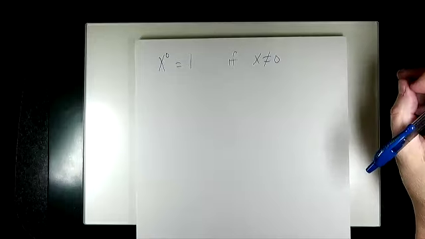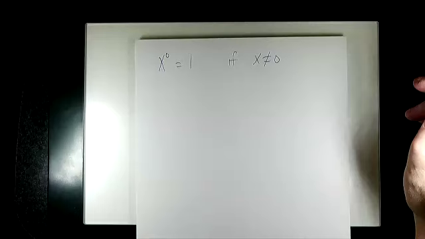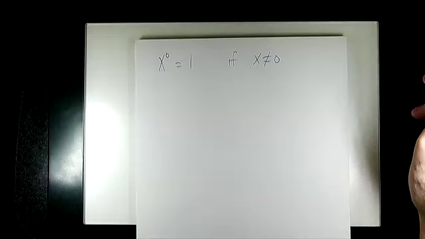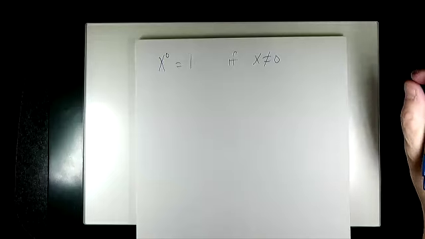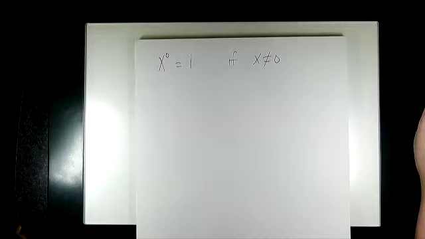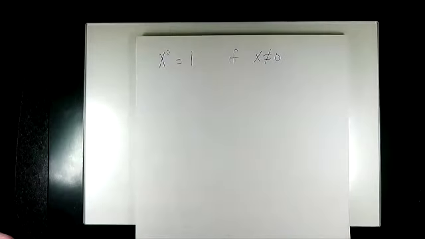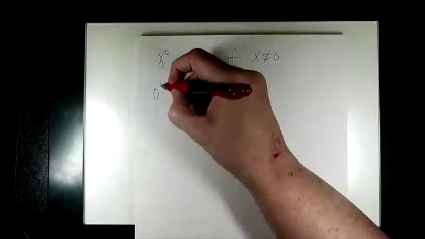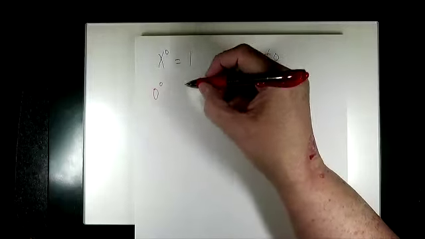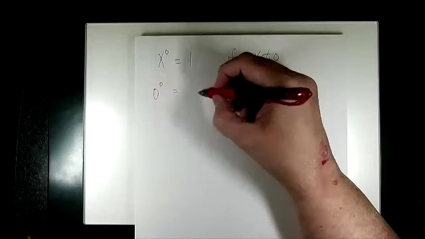Because the power rule always says anything to the power of 0 is 1. But when you put 0, it becomes a problem. So what's wrong in layman's terms with 0 to the 0? You'll see why eventually in calculus, but what is wrong in layman's terms here?